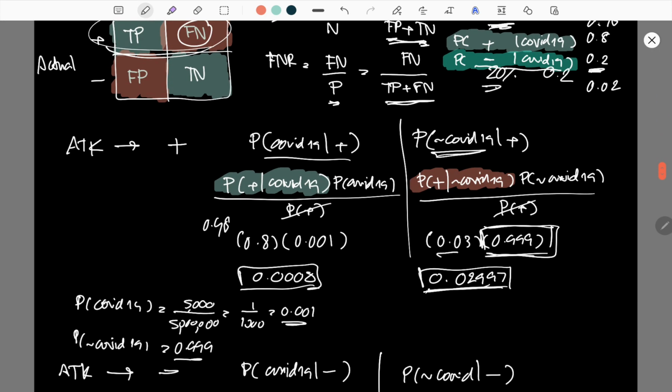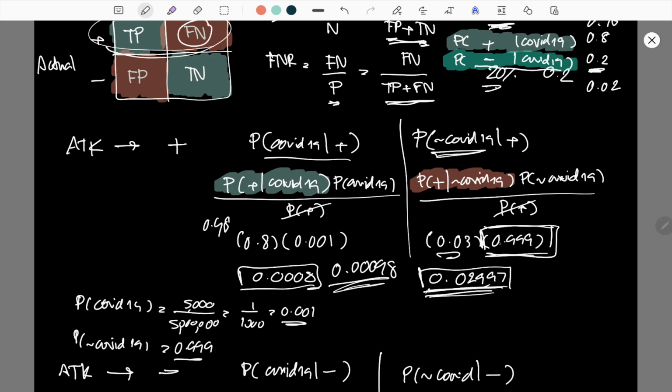And this is still the same. So it will be 0.00098. Okay. Yes. So it's still less than this one, right?